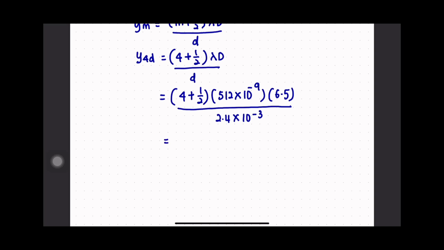Lebih kurang you akan dapat jawapan 6.24 times 10 to the power of negative 3 meter. So adalah y4 dark.